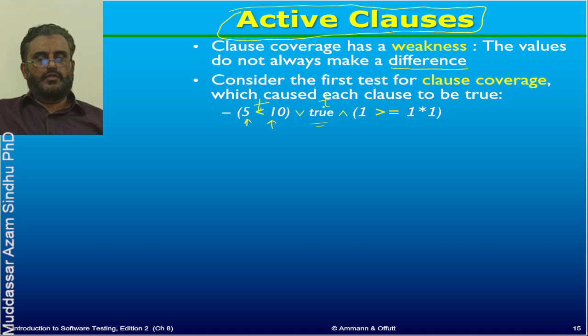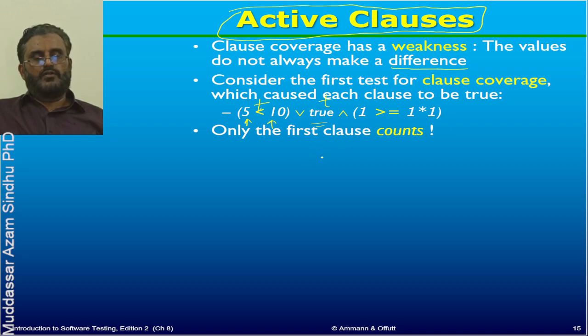Again we have a true, and since the left hand side of the predicate is true and the right hand side is also true, this is eventually going to be true. So in this case only the first clause counts. If the first clause counts, it doesn't necessarily affect the whole predicate. I also explained it by means of a couple of examples in the last video.